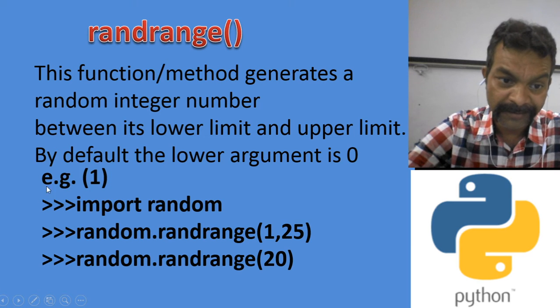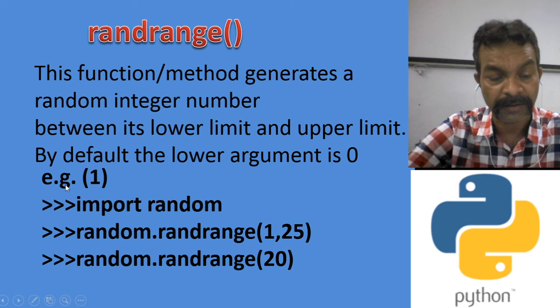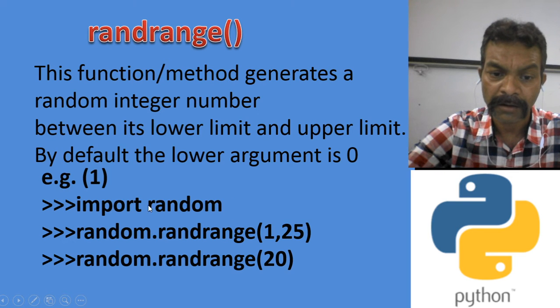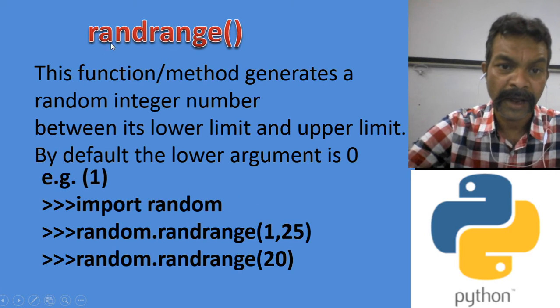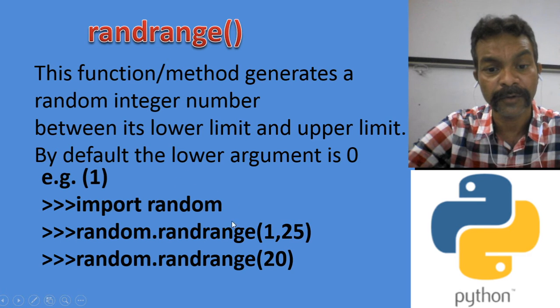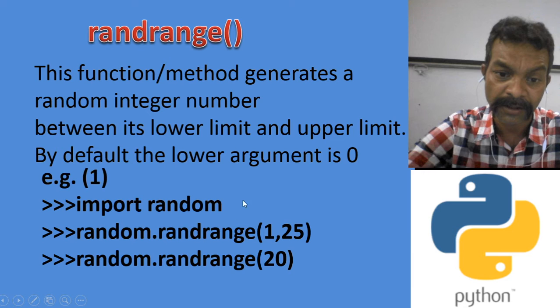We can better understand with the help of these examples. The first line of this code is import random. Import random means we are importing the random module. Random is a module, and the randrange function is defined in this random module. That is why we are importing this random module.